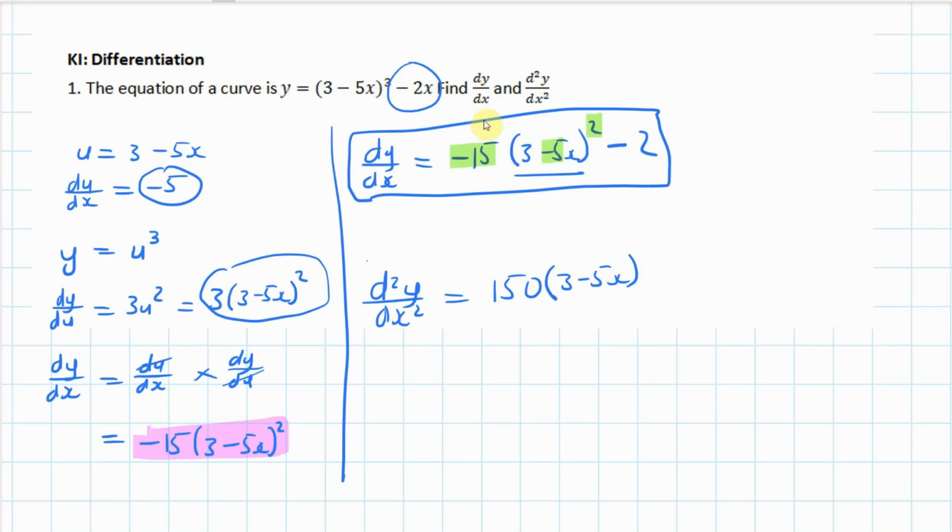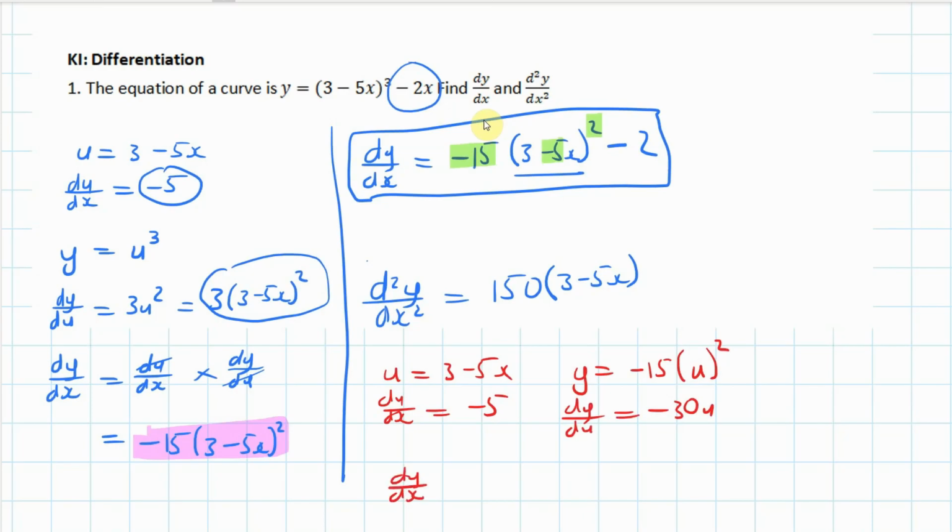I'd say that u is my middle bit there, and I'd differentiate that. And then I'd say y is equal to the overall thing. And therefore dy/du is equal to negative 30u. When I put it together, dy/dx, we multiply this one by this one, and we get 150u, which is equal to 150(3 minus 5x).